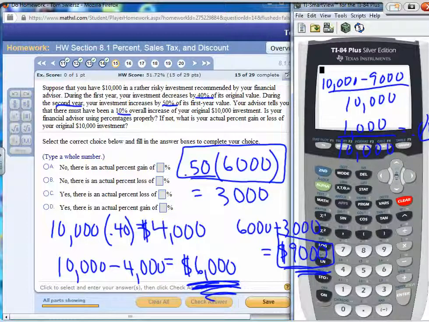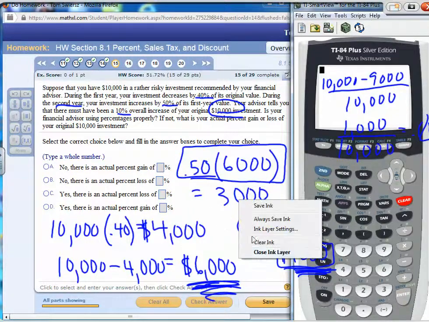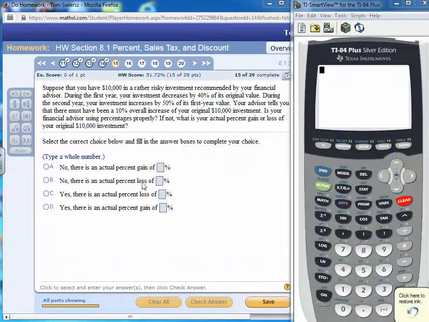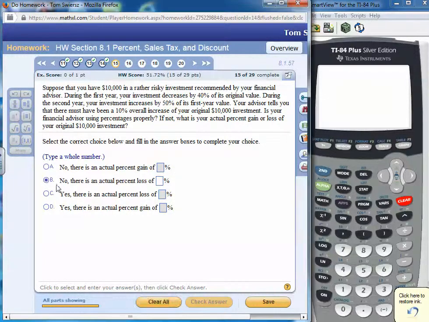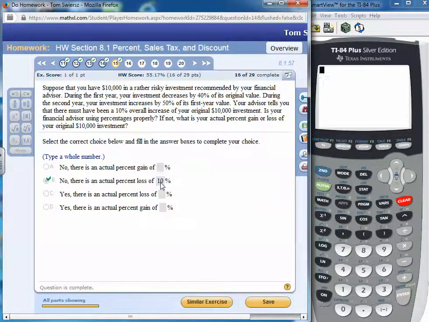Okay, 0.10, but it was a 10% decrease, because we went down to 9,000 and you're comparing it to the original 10,000. So no, the answer is there was an actual loss of 10%.